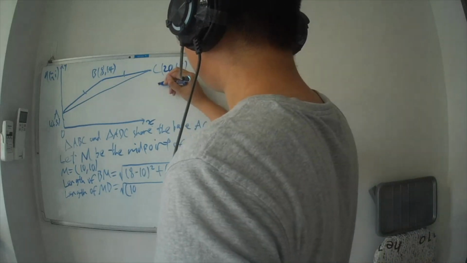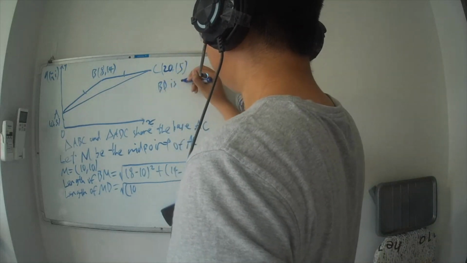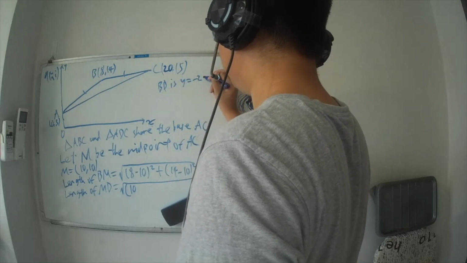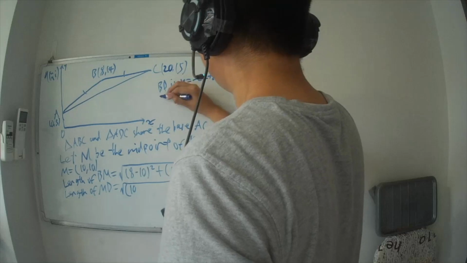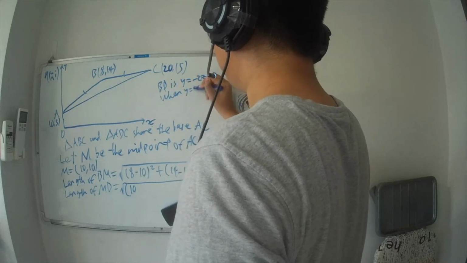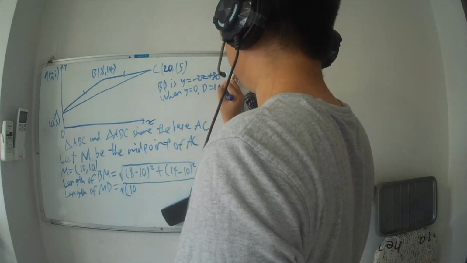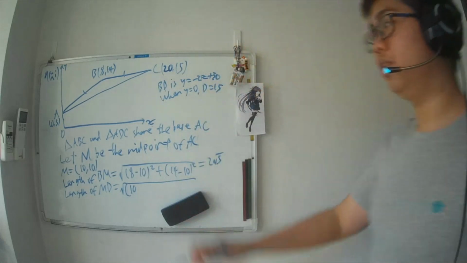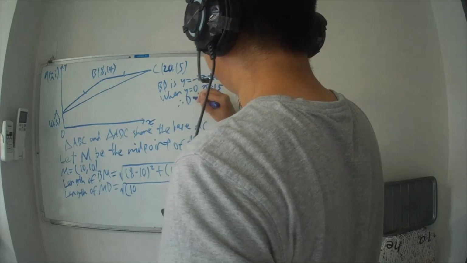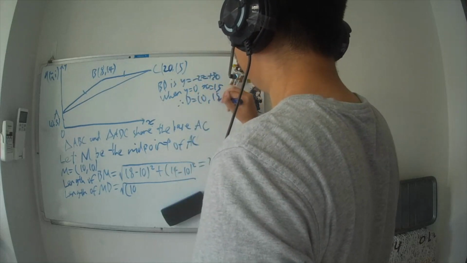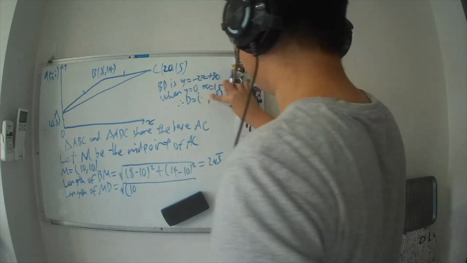BD is y equals -2x plus 30. So when y equals 0, x equals 15. Therefore, D is equal to (15, 0).